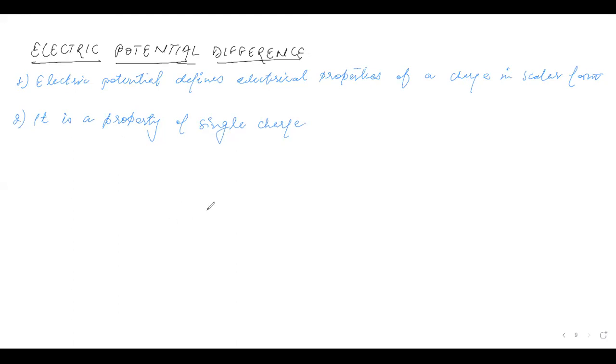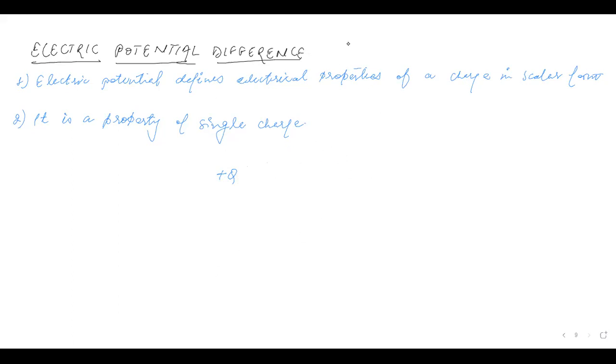Now, we are going to take a charge here. This is your positive charge Q. Can you tell me, is any field created by this charge or not? Yes. If there is a charge, then it associates a field in its surroundings.